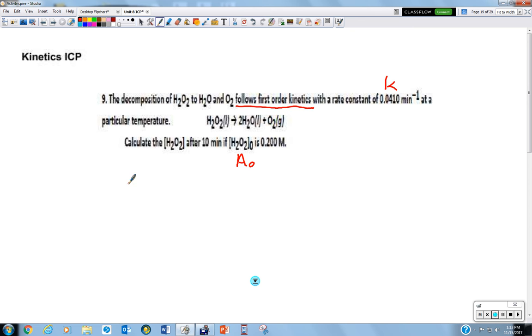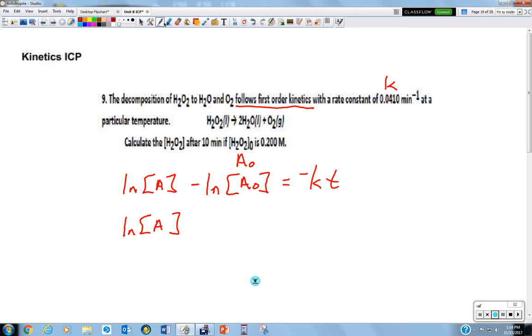Since this is first order, the first order reaction is ln A minus ln A naught equals negative KT. All right, so we're going to plug in our information. We don't know the concentration of A, which I could replace with H2O2, but I'm just going to leave it as A for this part.